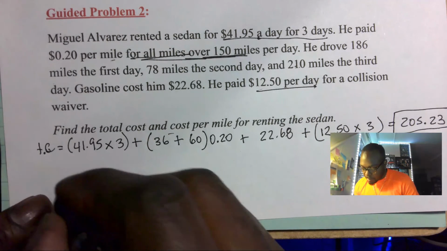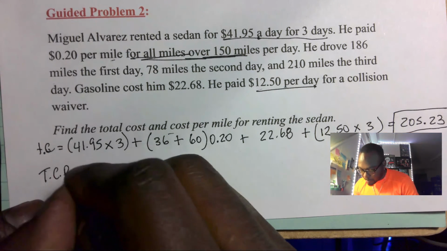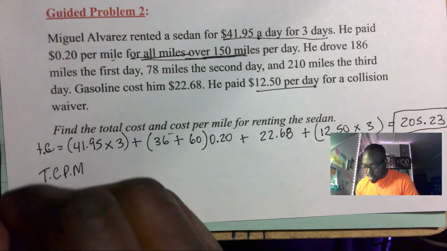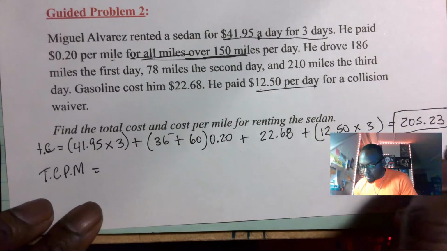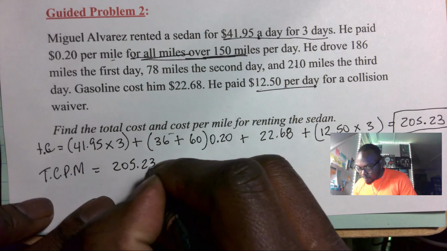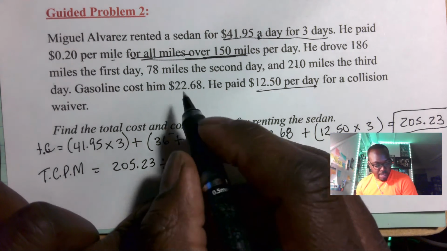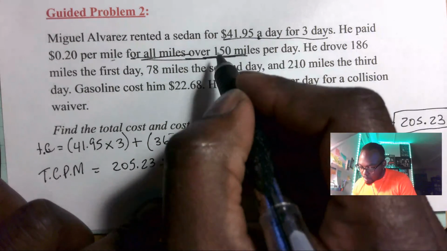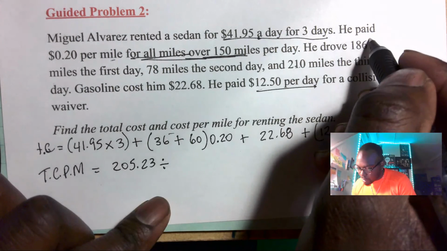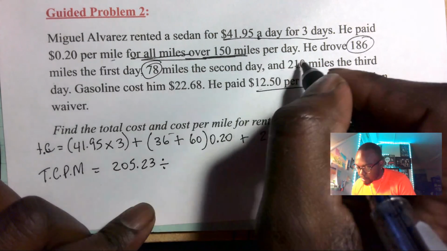Now I need to find my cost per mile. This is going to be my total cost, which is 205.23, divided by the total mileage. Now for the total mileage, we're adding everything, so that includes the 186, the 78, and the 210.